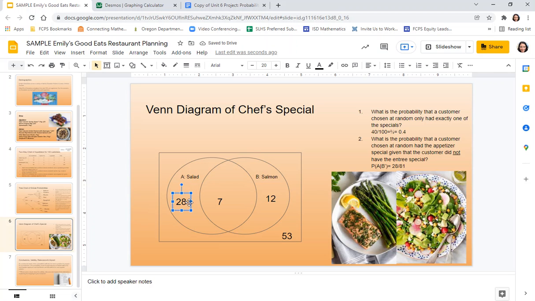So there are 28 people who had the appetizer special and did not have the entree special. Now, that's going to be divided by the given people. So given that they did not have the entree special, so there are 19 people that did have the entree special, and that means that there are 81 who did not have the entree special. The 81 people are the 28 and the 53.